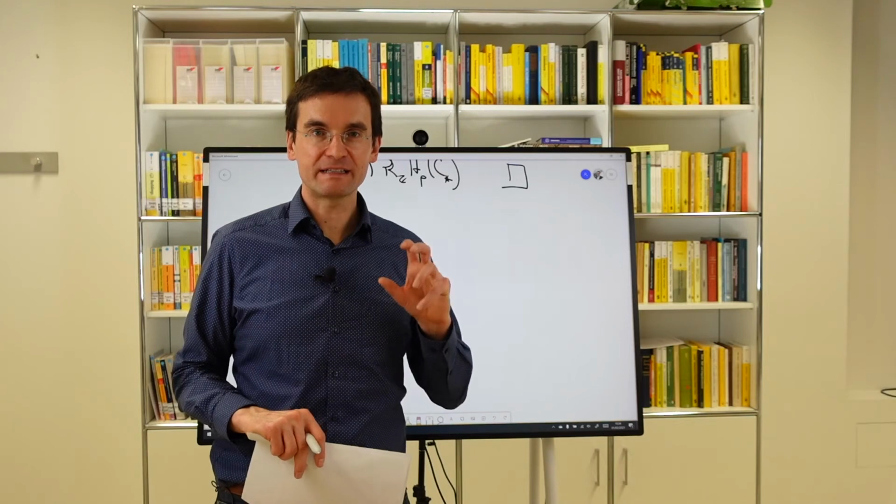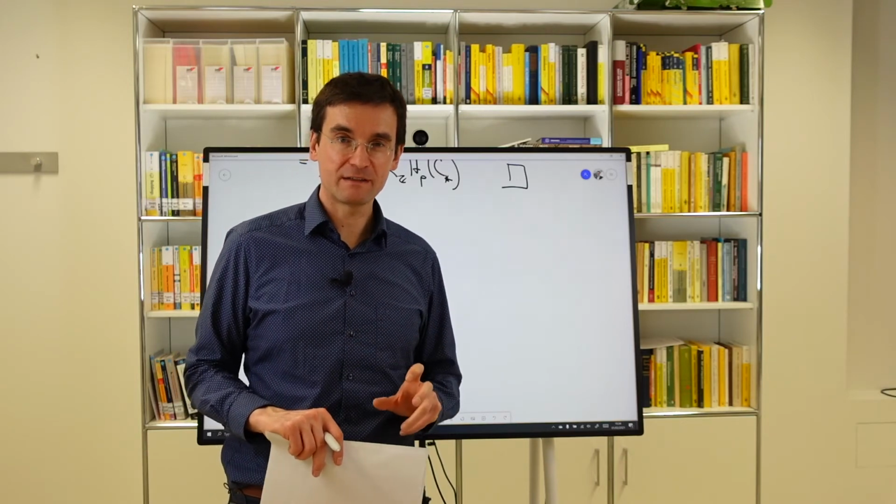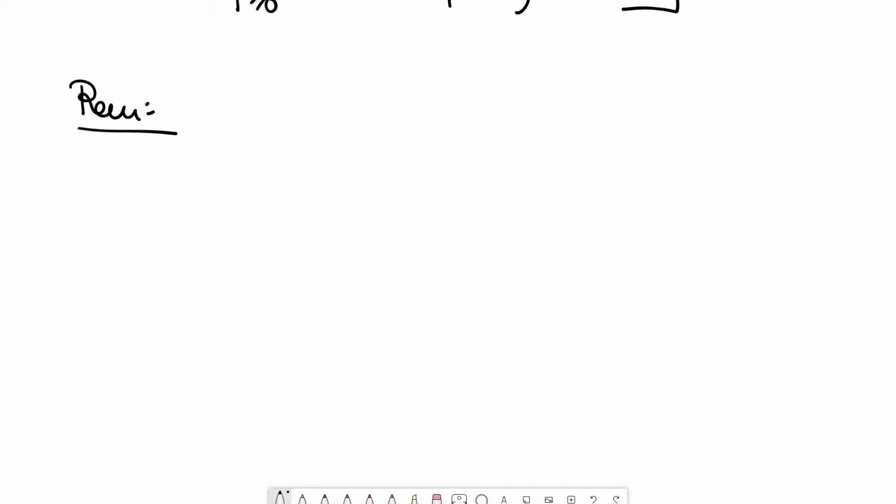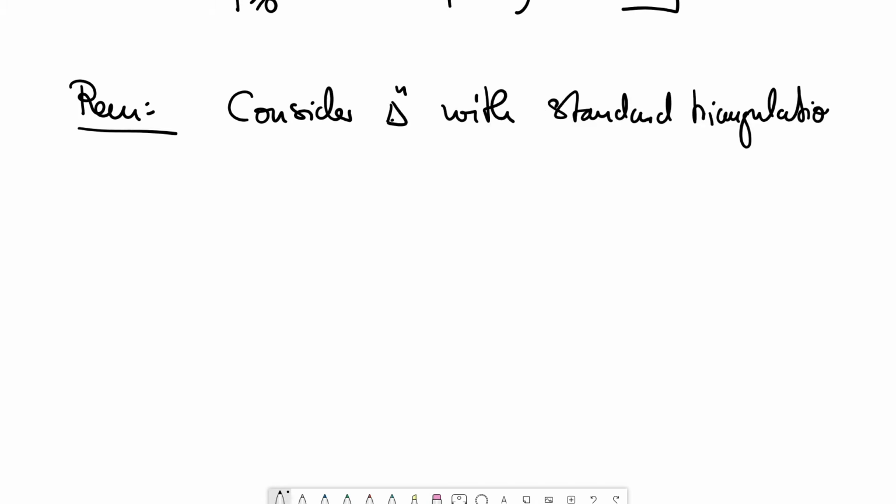So let's look at a space with a very complicated CW structure, but with a very easy homotopy type, the standard simplex. That's just a triangle for n equals 2 and a tetrahedron for n equals 3.